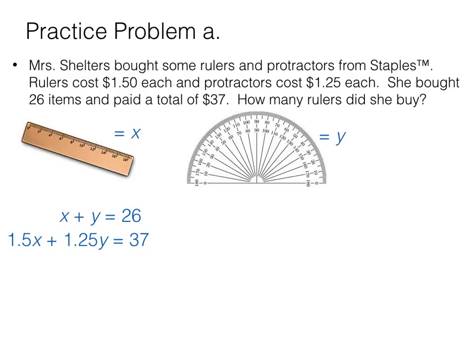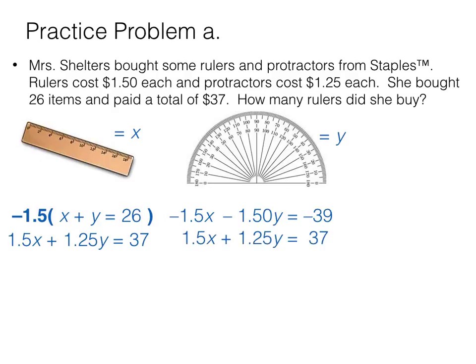But I think if I multiply the top equation by negative 1.5, it's reasonable to rewrite this using mental math. Negative 1.5x minus 1.5y equals negative 39. And I'll rewrite my second equation. And when I add them, the x's will eliminate.